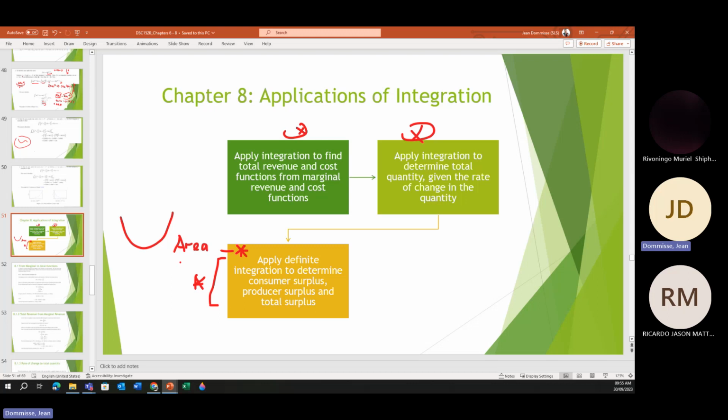We just need to make very sure when we work with lines that we know what the points are that we want to work with. Because when we integrate and say between certain points, that is going to work out the area for us. So the application of that area is that we're going to work out consumer surplus, producer surplus, and those kinds of things.